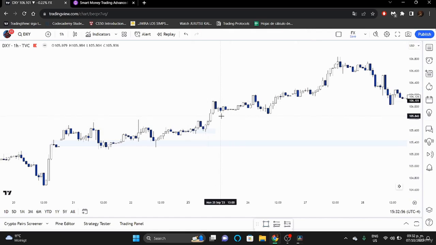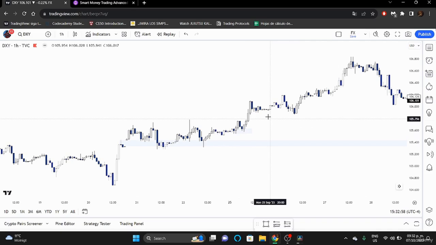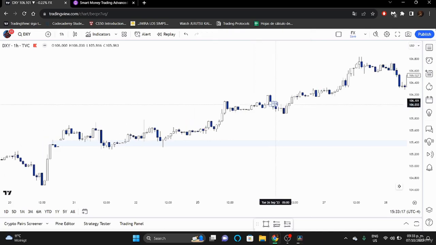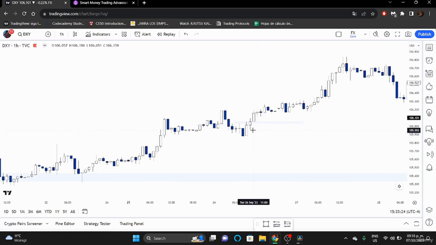We go lower into the order block and we go higher. We take stop losses right here, all of these stop losses. And then we trade through this fair value gap right here. After a run on stops, what are we expecting? We're expecting price to go higher. Boom.